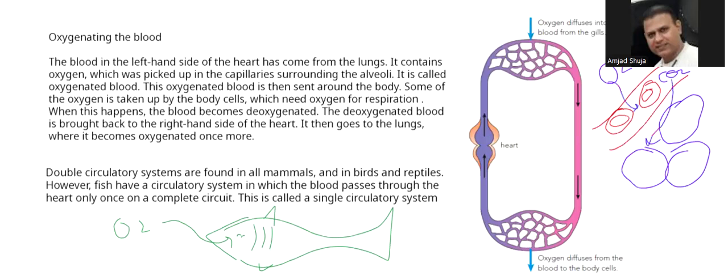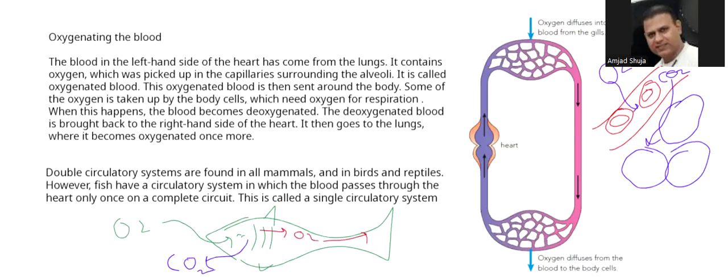Oxygen from the water enters the blood capillaries by diffusion, and carbon dioxide, due to its high concentration, moves out. Now oxygenated blood is supplied via capillaries to the whole body of the fish.